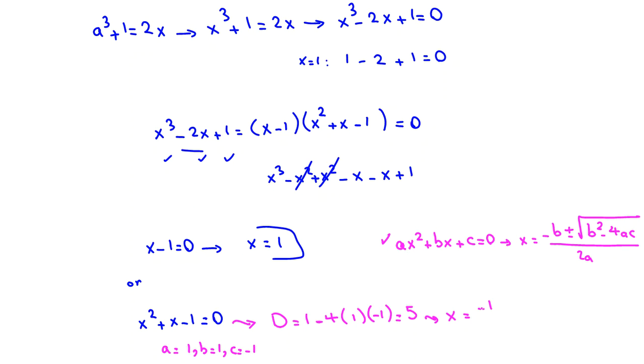So x will be negative b, which is negative 1, plus or minus the square root of the discriminant, 5, over 2a, which is 2. So we found two other solutions. This problem has three answers: 1, and negative 1 plus or minus root 5 over 2.